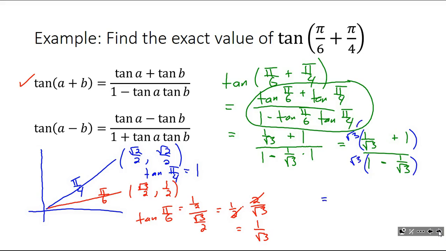Now when you do the square root of 3 times 1 over the square root of 3, you get 1. And when you do the square root of 3 times 1, you get square root of 3. Similarly on the bottom, square root of 3 times 1 is square root of 3. And then when you go over the minus sign and multiply, you will just get 1. We no longer have a complex fraction. It would be optional to rationalize the denominator, but I'm going to leave this answer as it stands.